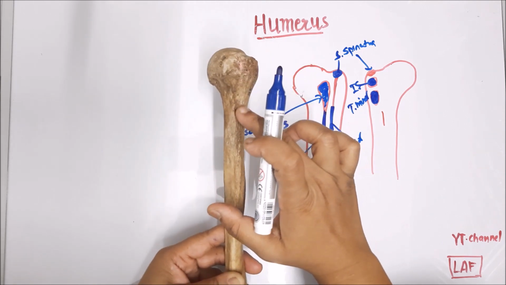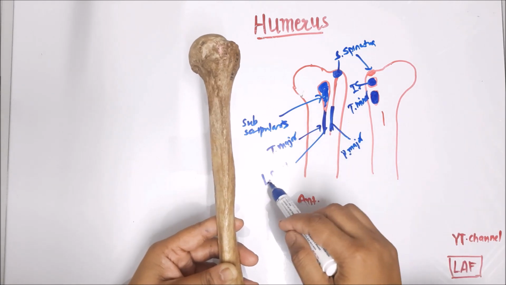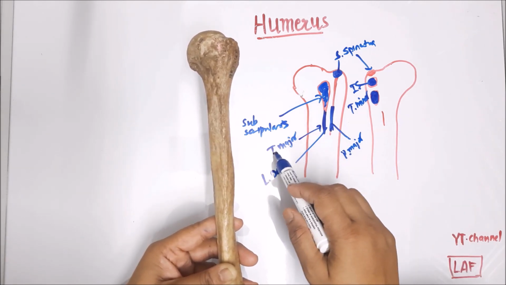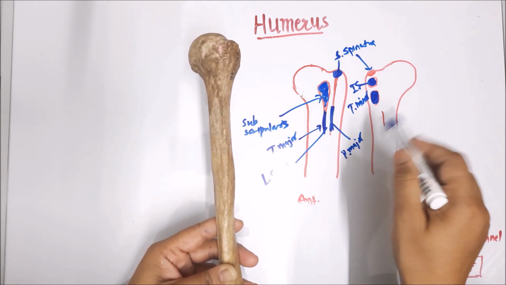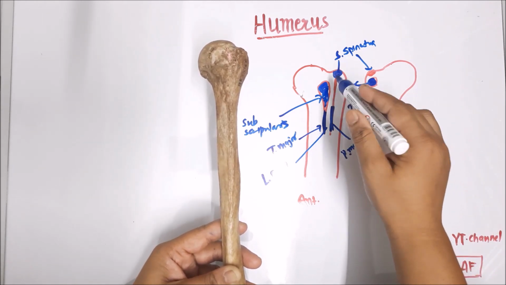So the mnemonic for this is: a lady between two majors, latissimus dorsi between the teres major and pectoralis major muscle.